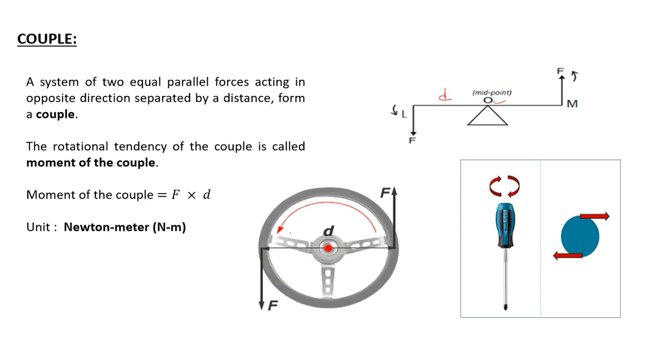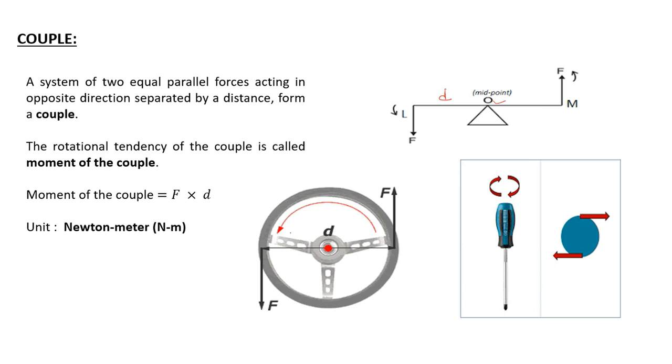The rotation of a steering wheel. When we rotate a steering wheel, we apply forces in these directions which are equal in magnitude but opposite in direction, separated by a distance. So this arrangement forms a couple.